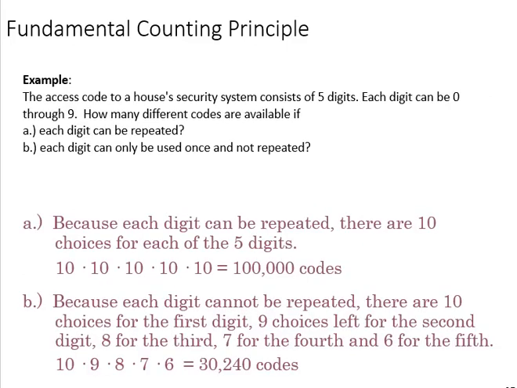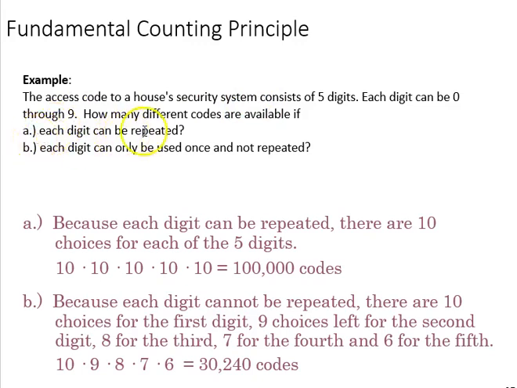And we can apply the fundamental counting principle to calculating the odds of somebody cracking the code on a home's security system. Let's say you've got a 5-digit code, and each digit can range from 0 to 9, which is pretty typical of a keypad. If we're going to calculate how many different codes are possible, we need to answer this question first.